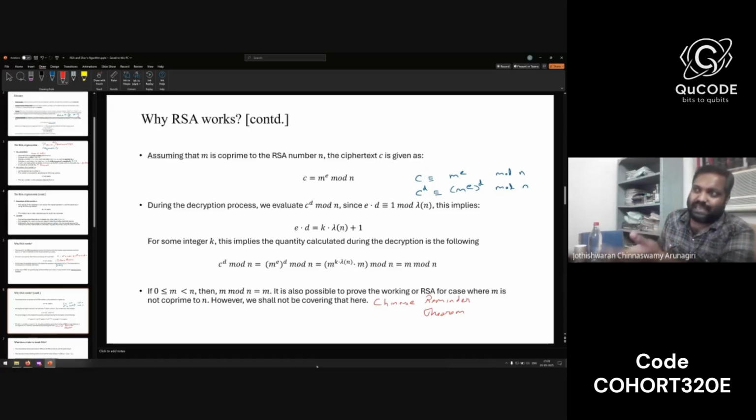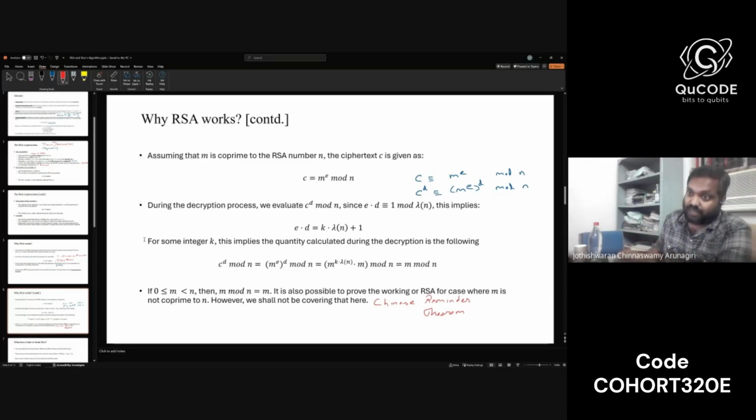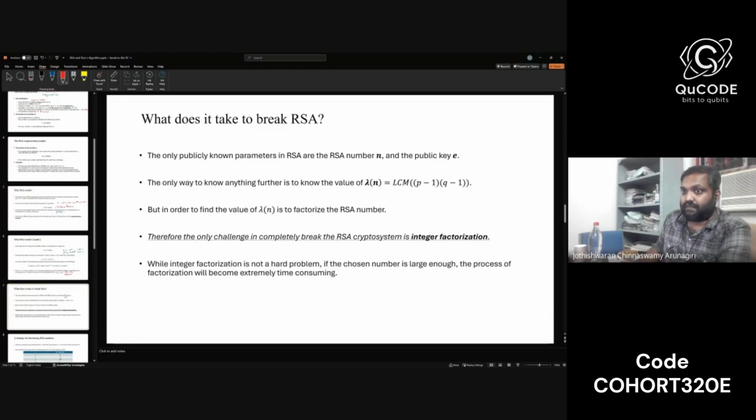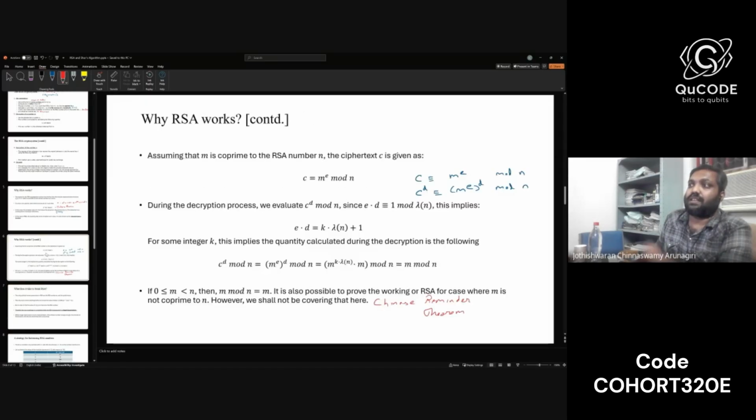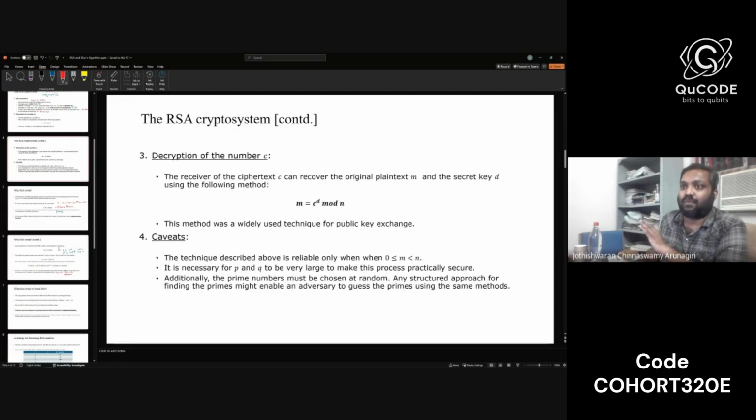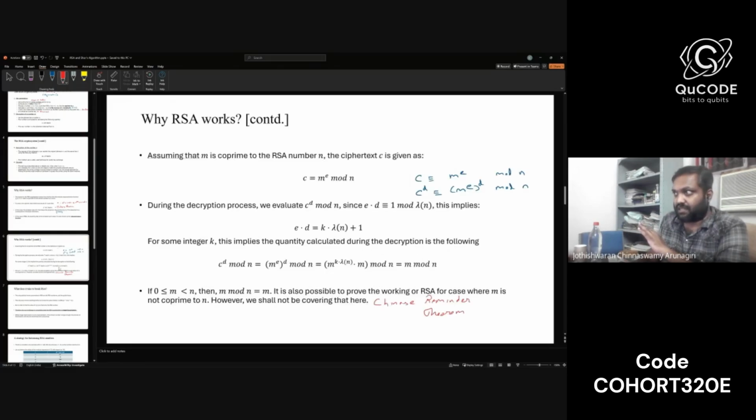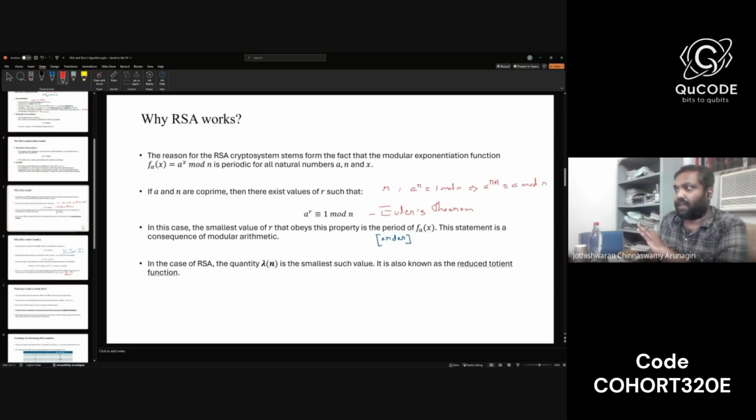Using that, we can say that even when m is not co-prime to n, the RSA crypto system works. So this is the reason. Ultimately, the reason why RSA works is Euler's theorem, or further variants of Euler's theorem. This is the backbone of RSA.